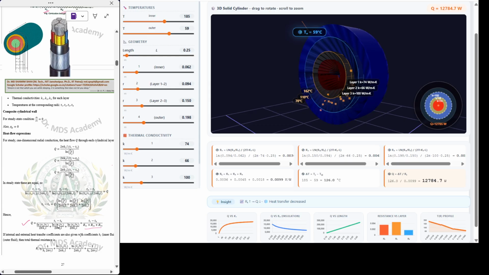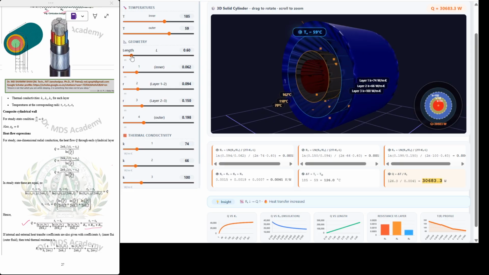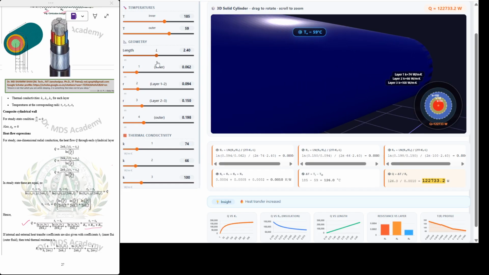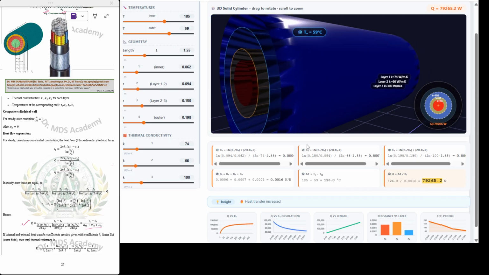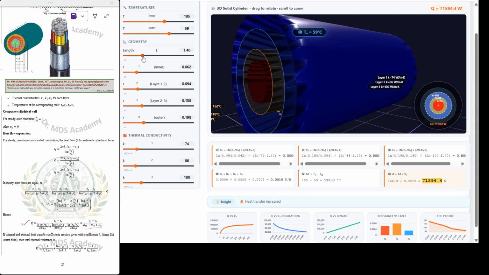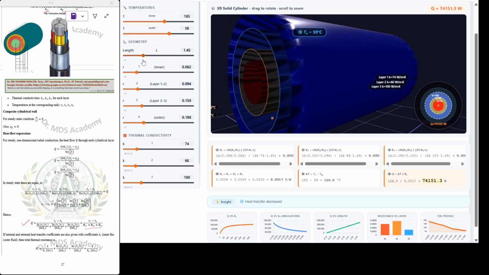They are directly proportional. So when you are increasing the L value, Q is increasing. See here, the value of Q is increasing.